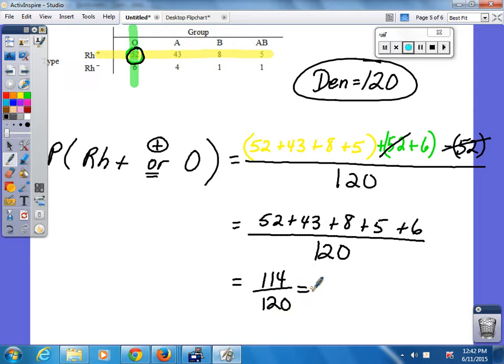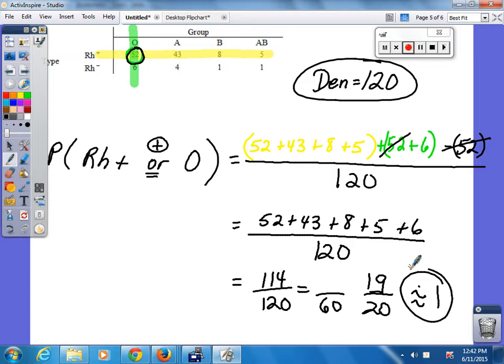Now we can reduce that because we don't want to depend on our calculator. So let's reduce it down to, well, we know that's 60. And that would be what? 57 and a half or 57? It ends up 19 over 20. Okay, that's good enough for me. 19 over 20 is right there close to 1, because when you have a fraction and there's 1 between the difference, it's close to 1.